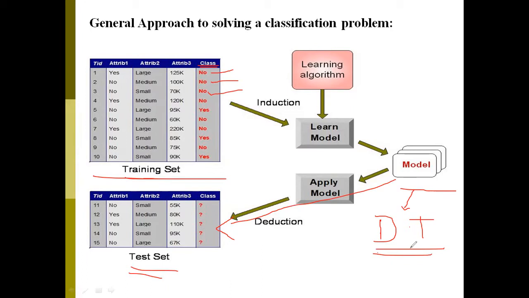Till now in previous classes, we have discussed only one model, built using a training data set. One of those models is a decision tree. Clear?